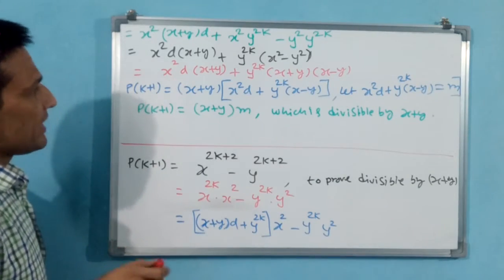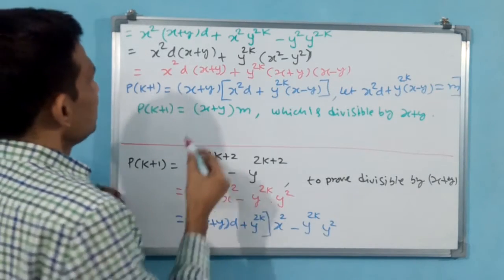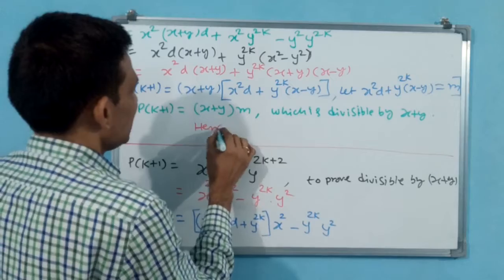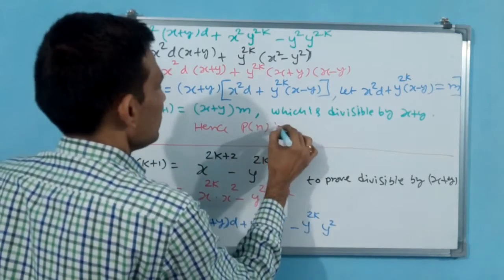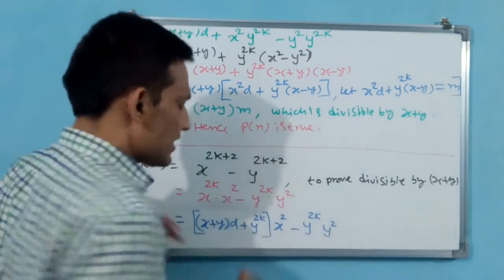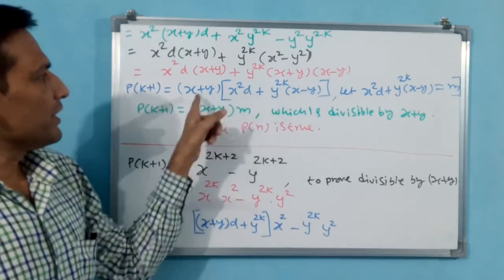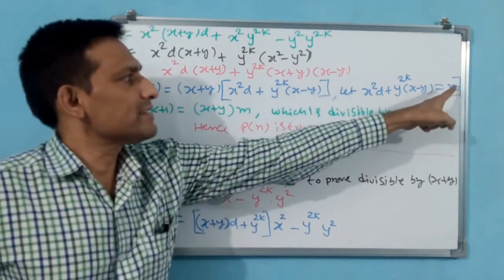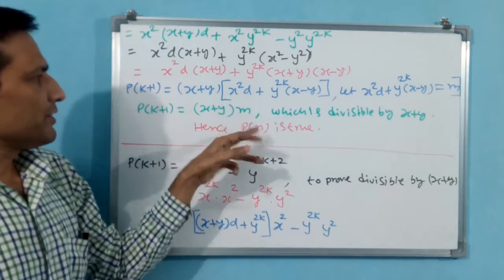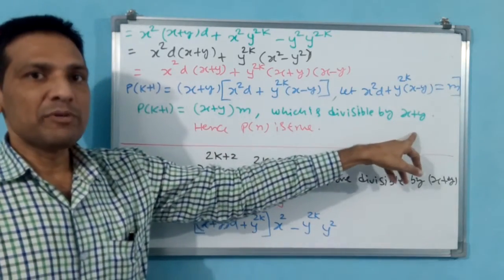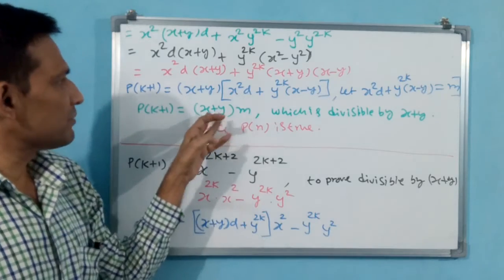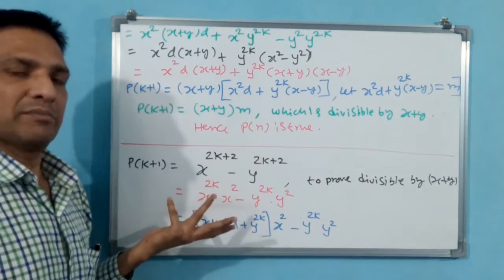Now write down, hence, Pn is true. You understand now how this has come? Because here x plus y, if you take common, this thing I have taken as m. Then x plus y into m. We have to show that this is divisible by x plus y. X plus y into something is divisible by x plus y.